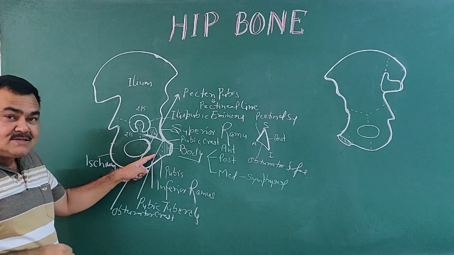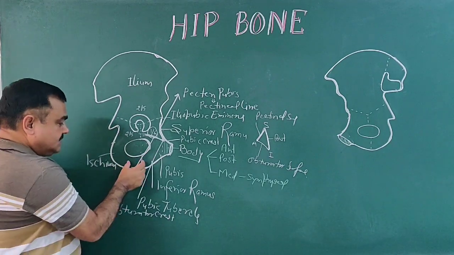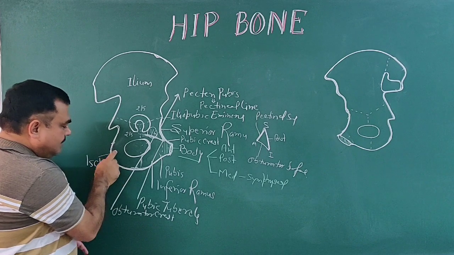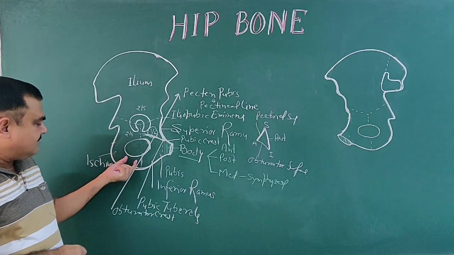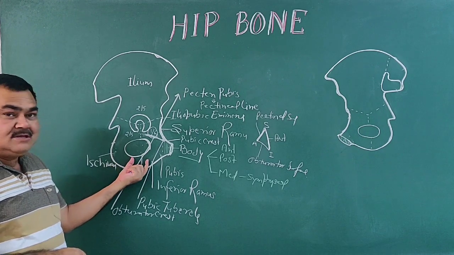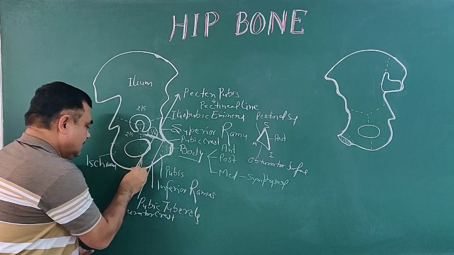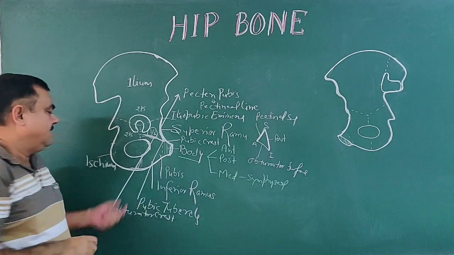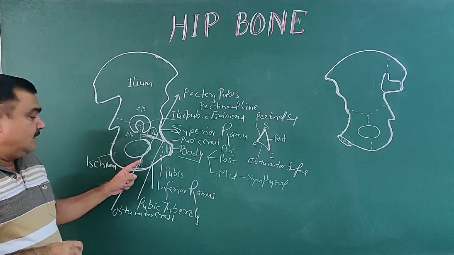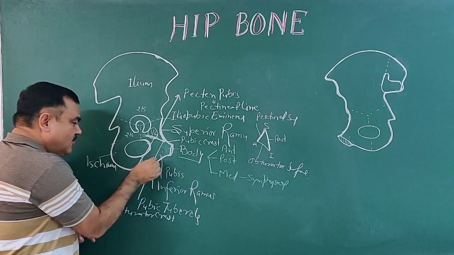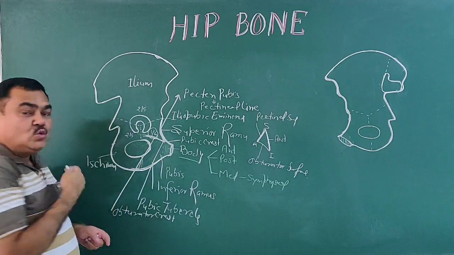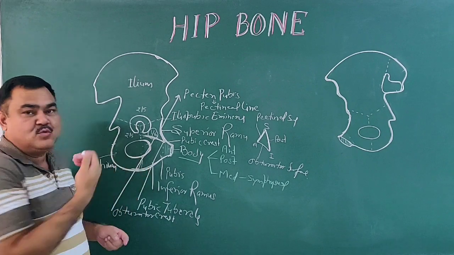This inferior ramus joins with the ramus of the ischium. This ramus has two borders, superior border and inferior border, and two surfaces, anterior surface and posterior surface.